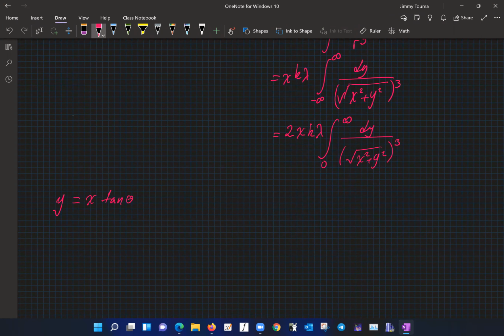Okay, and we plug them in here. Remember x is a constant. So what is dy in this case? It will be x, derivative of tangent is secant squared theta d theta. I'm not changing any limits of integration just yet. I could do it if I needed to, but we can go back, put things in y, or keep them in the new variable.